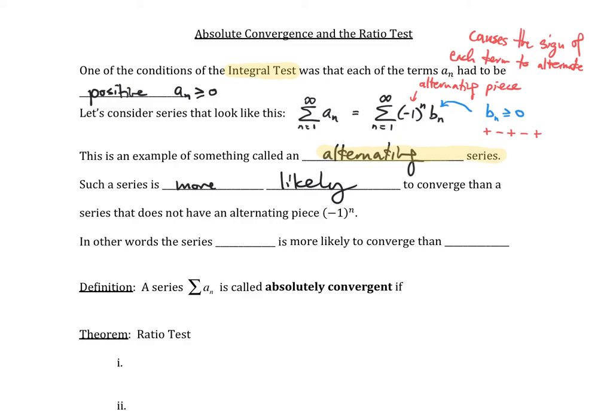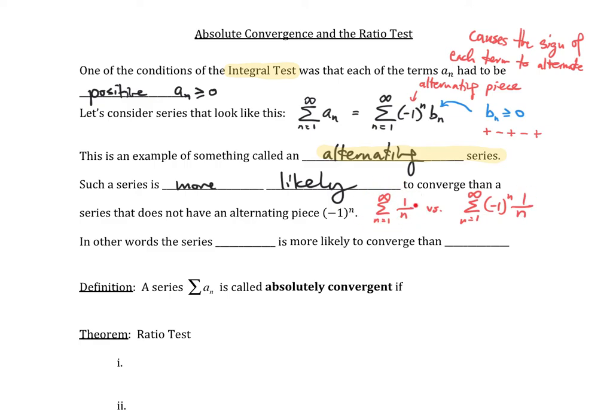By that, I mean looking at something like the summation as n goes from 1 to infinity of 1 over n versus the summation as n goes from 1 to infinity of (-1)^n times 1 over n. So this series on the right is more likely to converge than this series on the left.